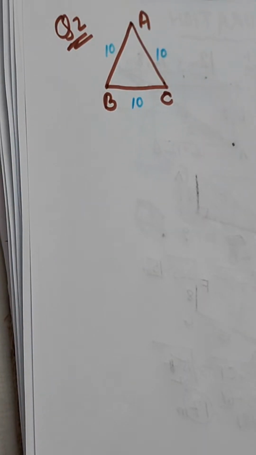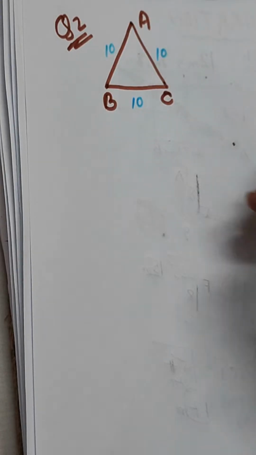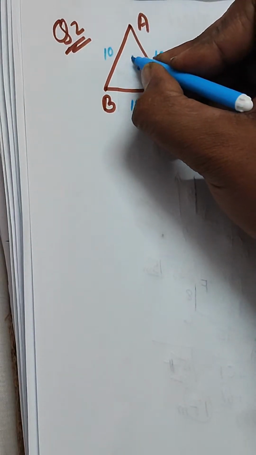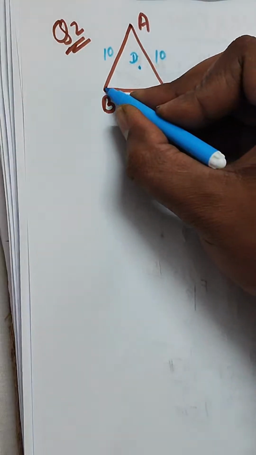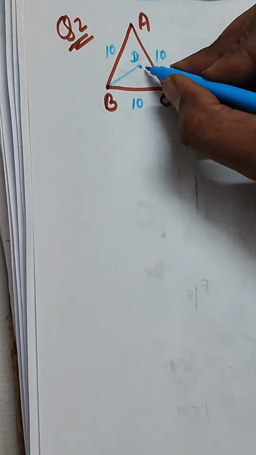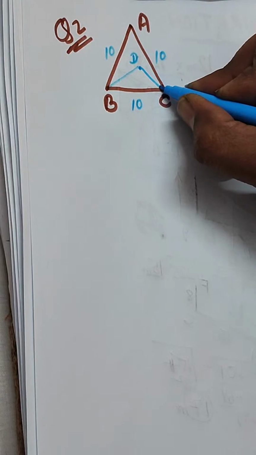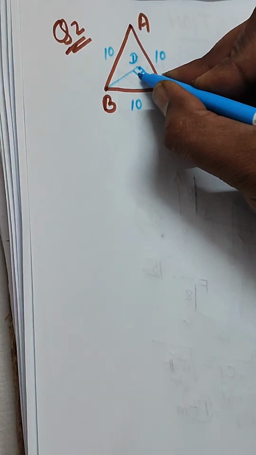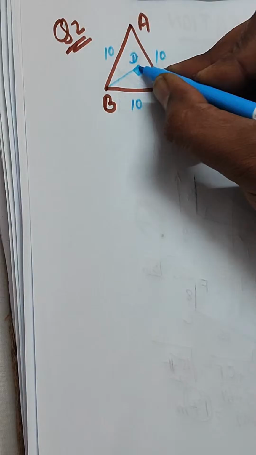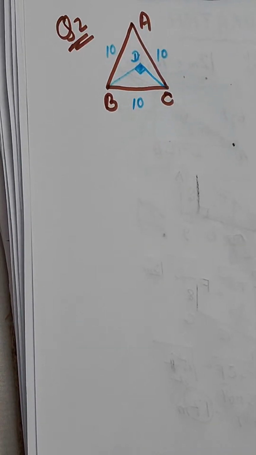Now, ABC is an equilateral triangle and the length of whose side is equal to 10 centimeter, and triangle BDC is right angled at D and BD equal to 8 cm. So inside it a point D is there which is making a right triangle inside the equilateral triangle ABC, and this angle is 90 degrees, right? This angle is given to you as 90 degrees, my dear friend, right?